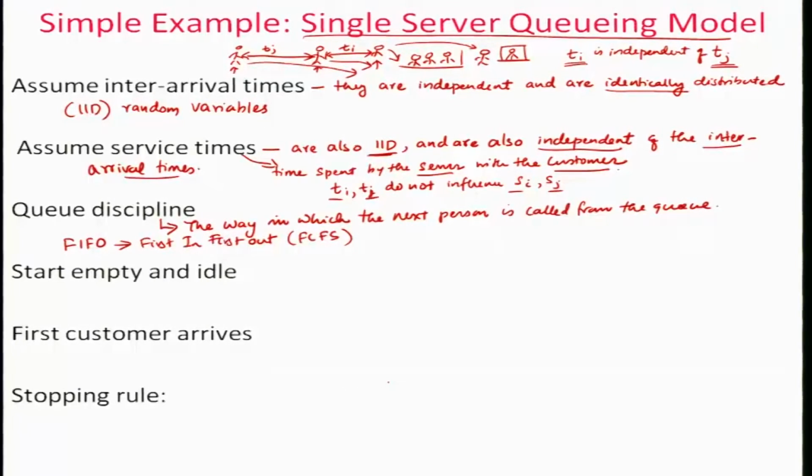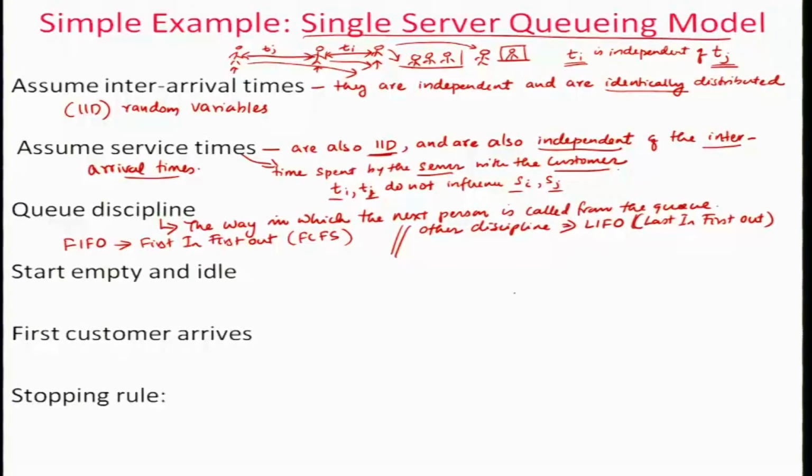There are other queuing disciplines. One is called LIFO, which stands for last in, first out.